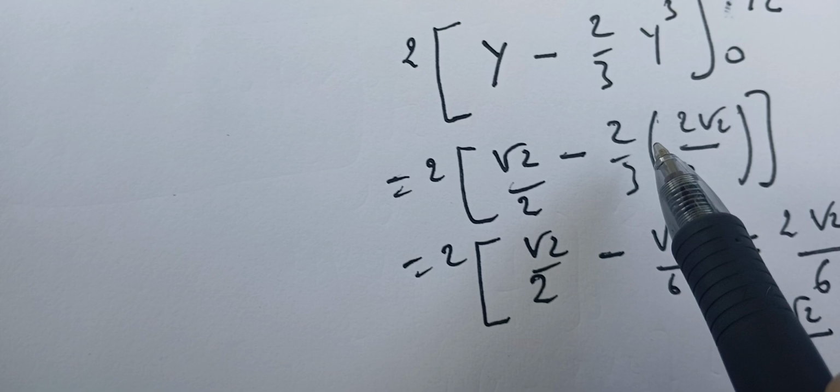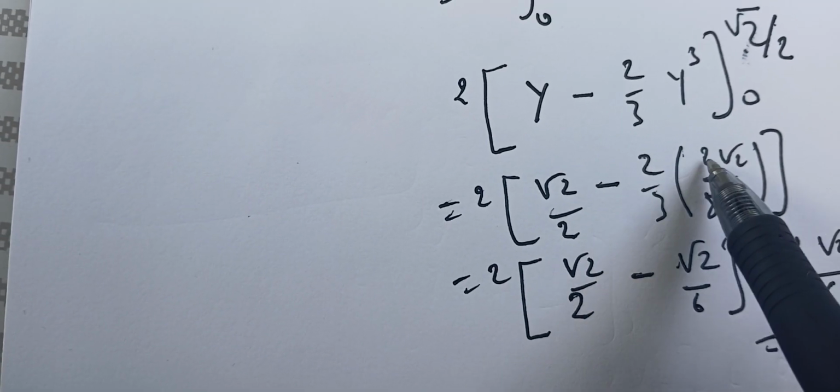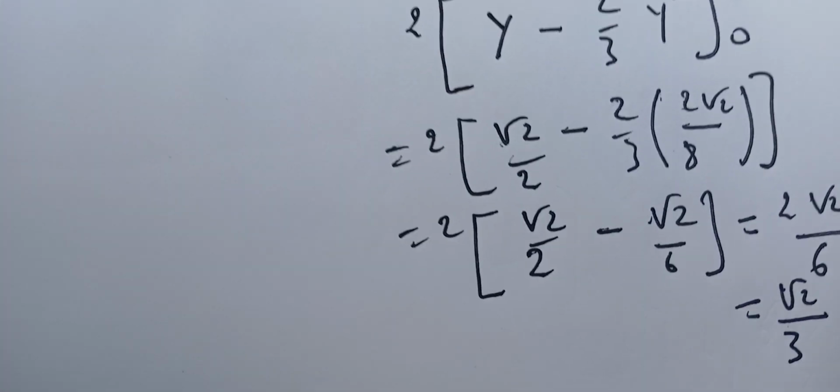So one more time here, we simplify by these 2, we're gonna get 2 square root of 2 over 6, and multiply by 3 here, and therefore this is our result here.